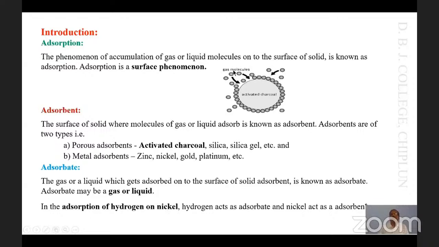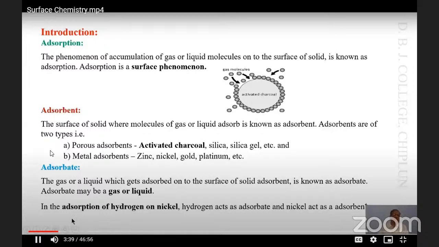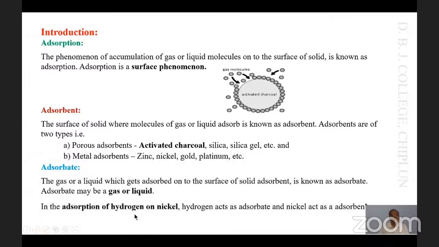In this example, these gas molecules which got adsorbed onto the surface of solid activated charcoal are the adsorbate. One more example, say in the adsorption of hydrogen onto the surface of nickel, hydrogen acts as an adsorbate whereas nickel acts as an adsorbent.